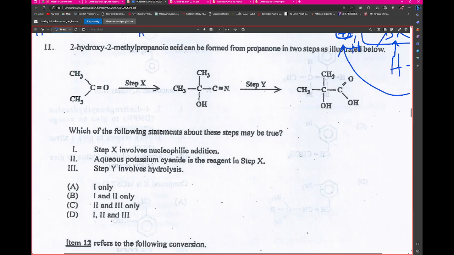So nucleophilic addition, and we know how that works, so I'm not going to touch anything. Aqueous potassium cyanide is a reagent for step X. Is that true? True. Wonderful. And step Y involves hydrolysis? True. All right, D is the answer.